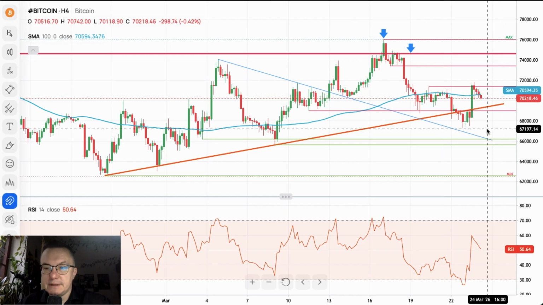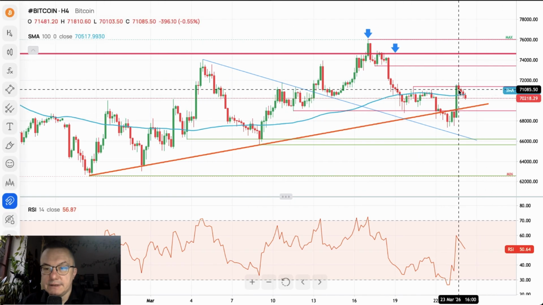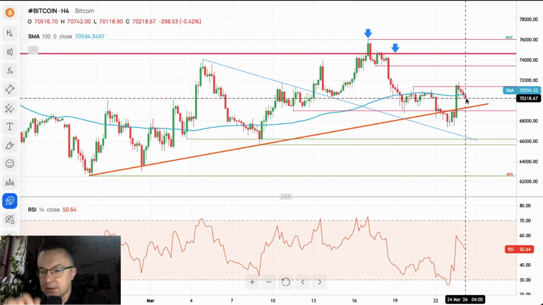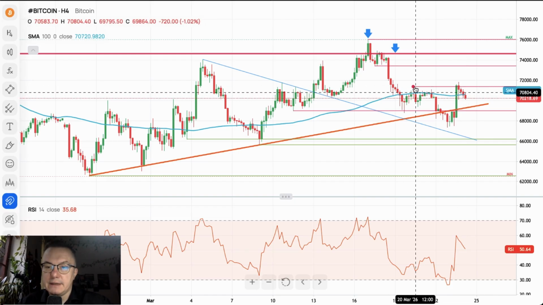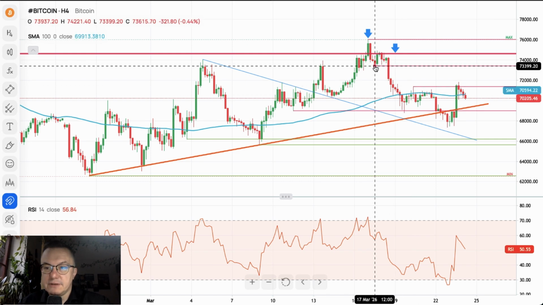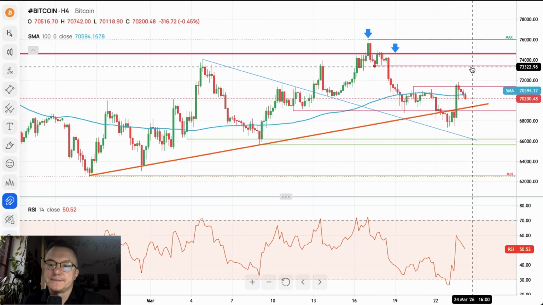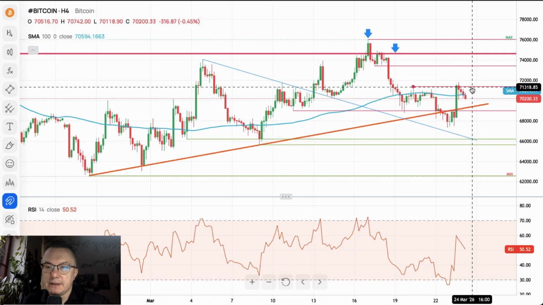And last but not least, the Bitcoin, very nice movement to the upside yesterday, back above the level of 71,000. Right now it's moving lower yet again, as it was unable to break above this technical resistance. Next target eventually is 73,399, but first we need to break definitely above this technical resistance.